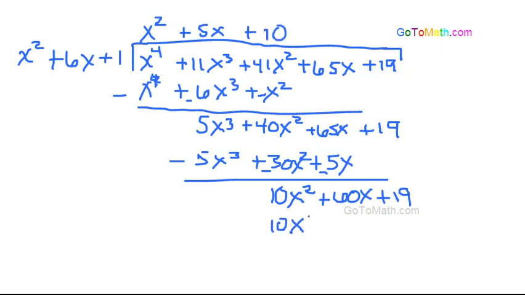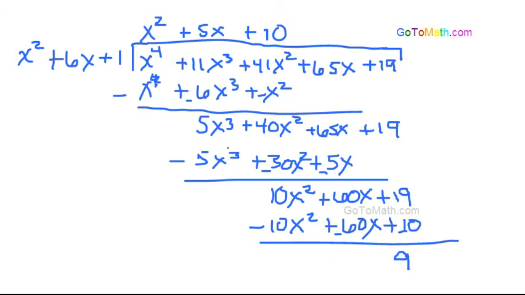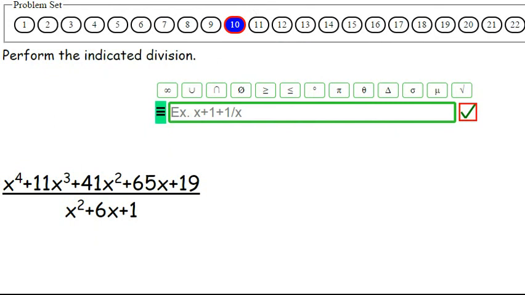So we have 10x squared, right? 10 times x squared, 10 times 6x is 60x, and then 10 times 1 is 10. All right, minus, make that a minus, and a minus there. So that's going to be 0, 0, and that looks like that's going to be a 9. So it looks like we're going to have x squared plus 5x plus 10 plus 9 over x squared plus 6x plus 1. So let's see what we got going on here.